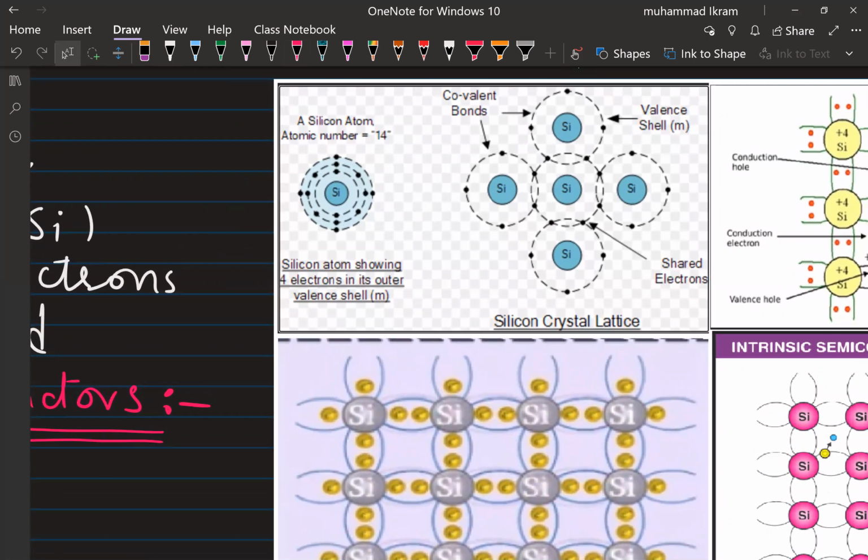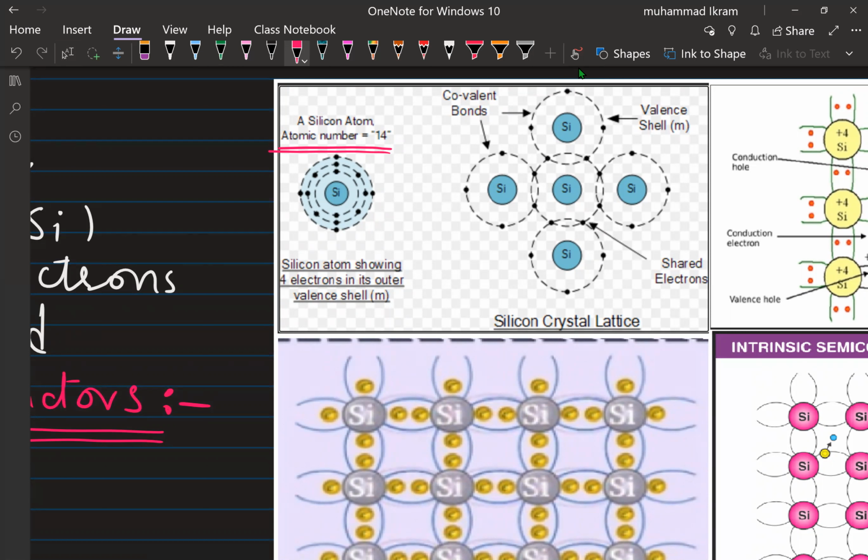As I told, I have chosen the example of silicon, which has atomic number 14, and you see that the silicon atom has 4 electrons in its outermost shell. At room temperature, all the 4 electrons are bonded together.